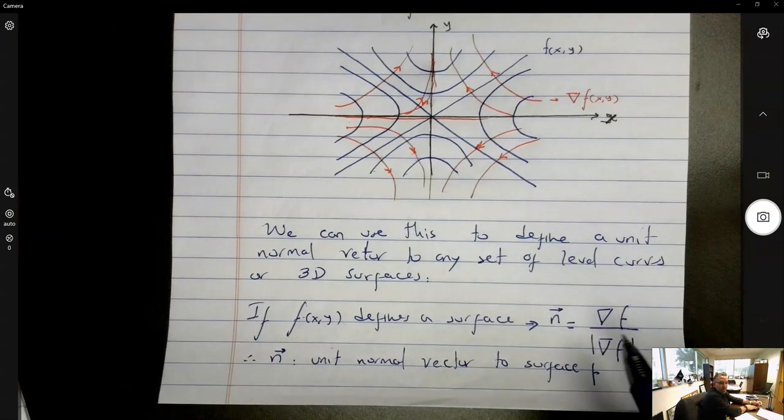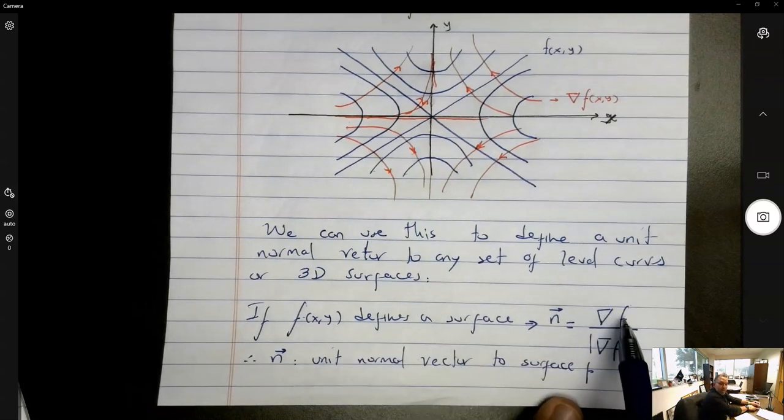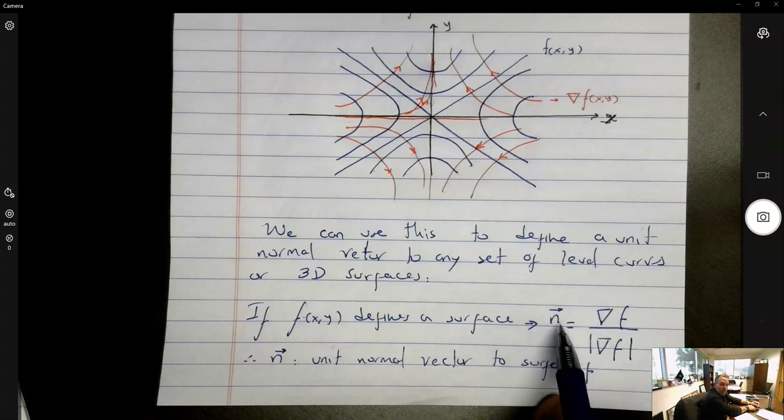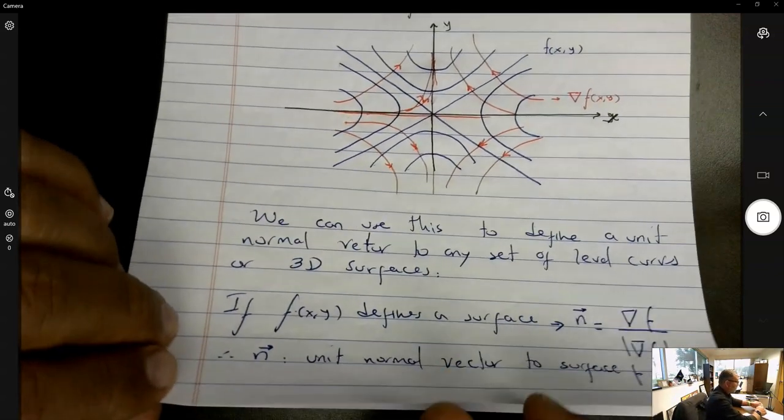And it's unit because we're dividing by the magnitude of the gradient of f. So gradient of f defines a direction which is perpendicular to the level curves of f itself, and by dividing by the magnitude of that direction we come up with a unit normal vector. So not only is this vector normal to the surface defined by f, it is also unit in length because we're dividing by its own magnitude.